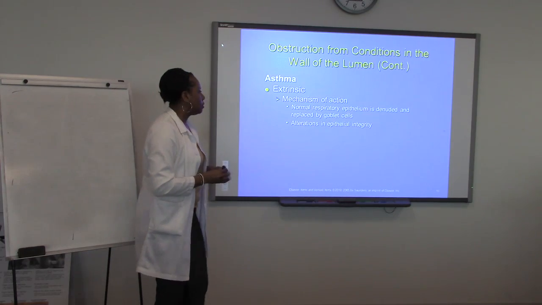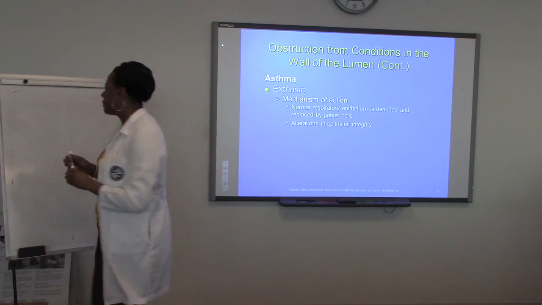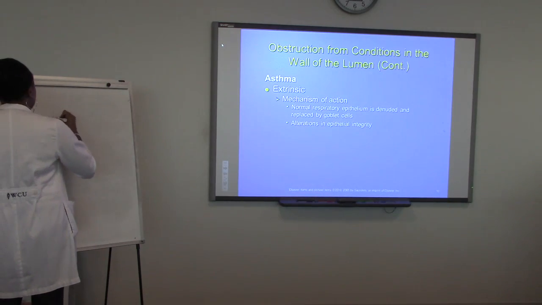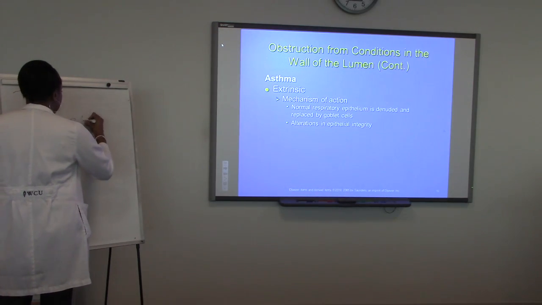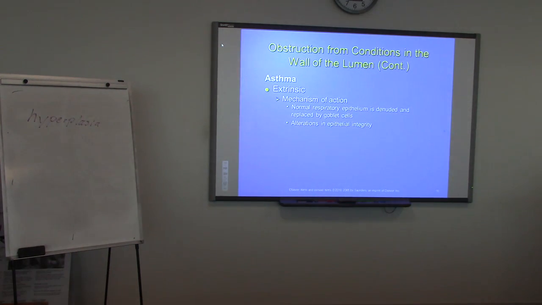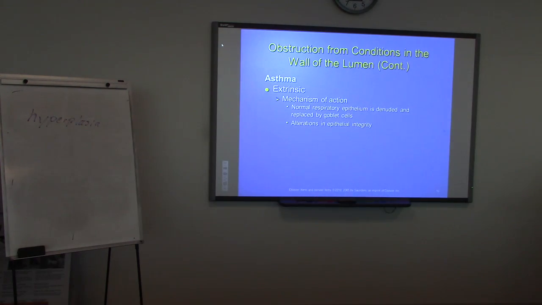Okay, so the problem is this. We already have goblet cells, so I would correct that sentence and say that it's a hyperplasia of goblet cells, not that it is stripped and replaced. We have an excess number of goblet cells that are secreting. So the big picture here is this.